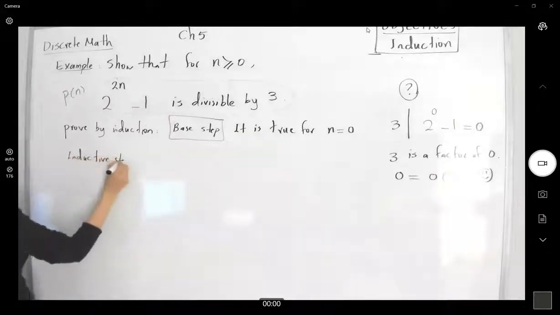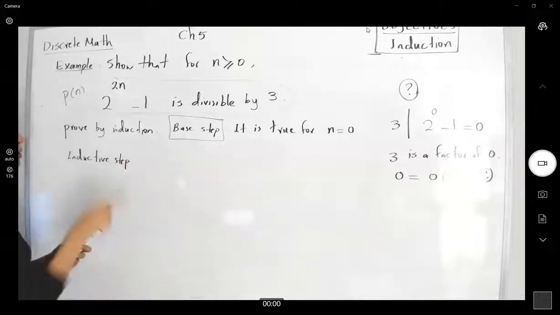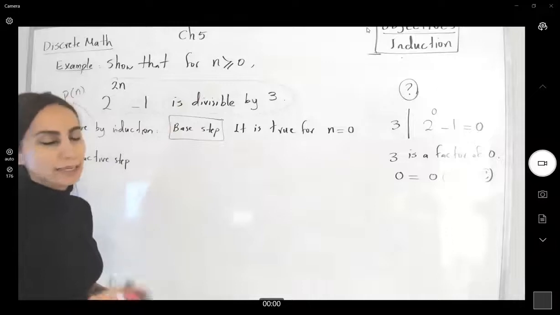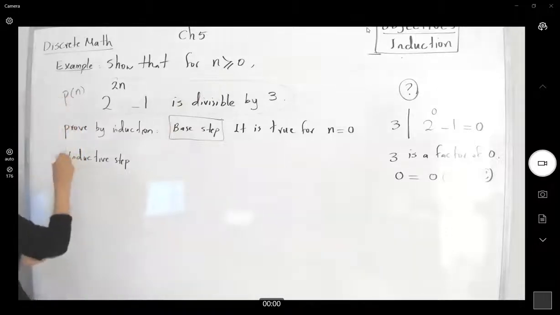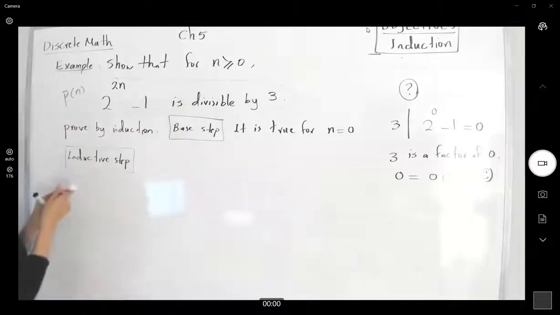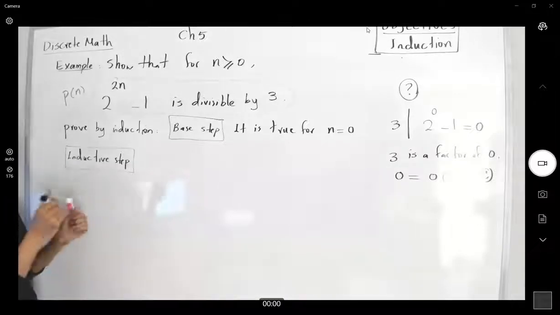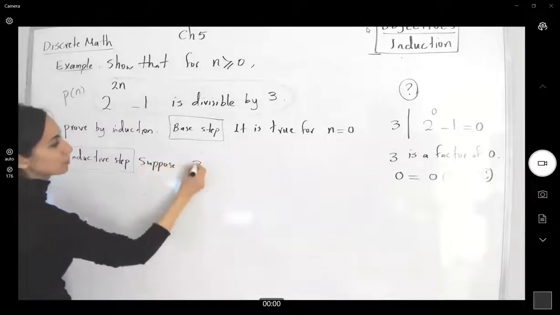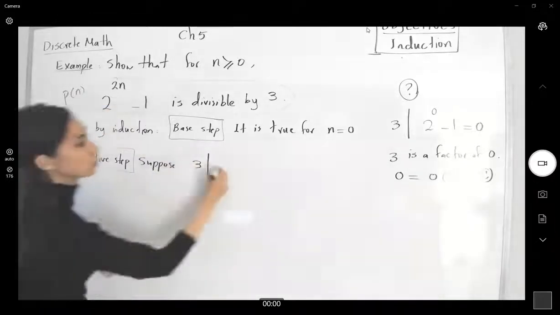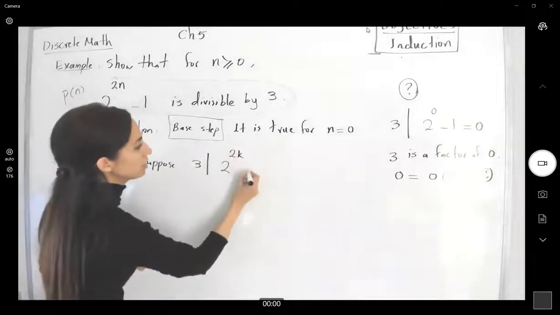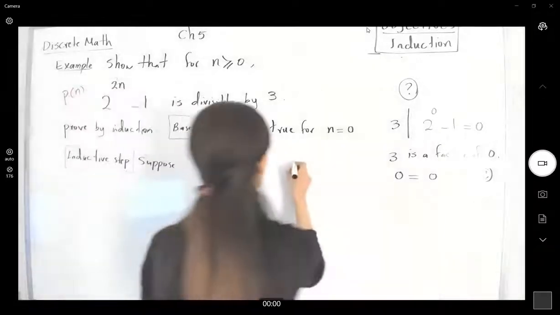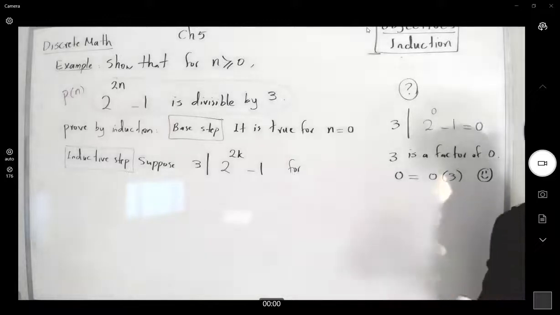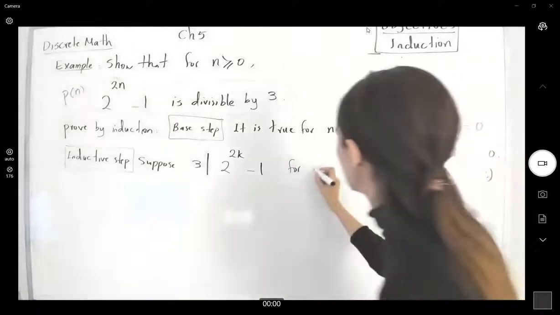Inductive step. Suppose this is true for any number k less than or equal to n. Suppose 3 divides 2 to 2k minus 1 for all k values less than or equal to n.